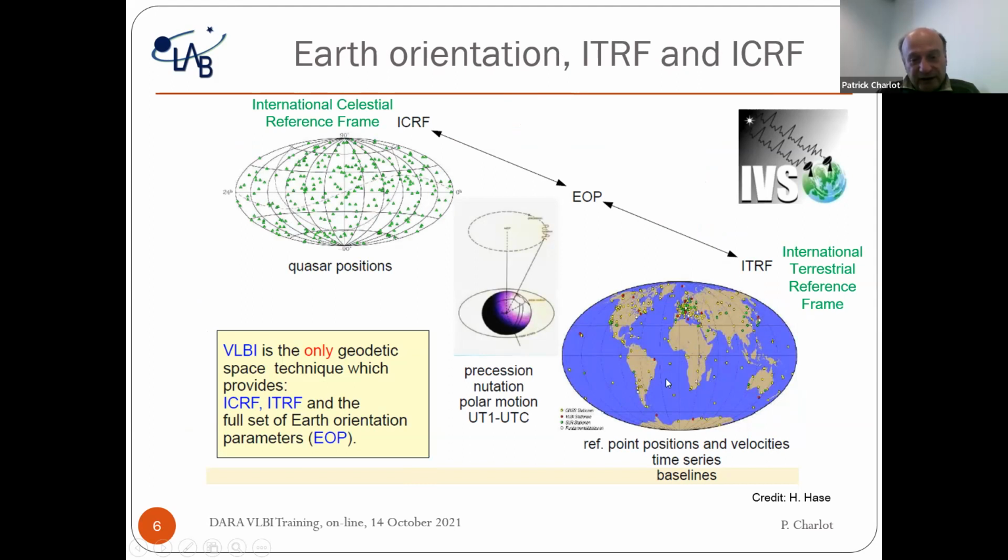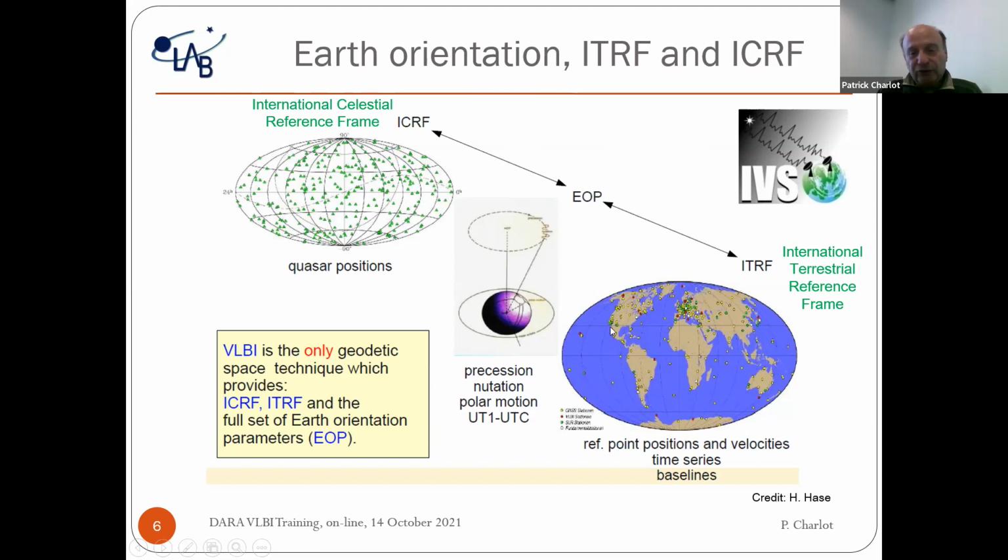Basically, it is a set of positions of radio telescopes on Earth, positions and velocities of your observing sites, and you have time series of these positions, which gives you the velocity of the sites. As I said, you have the Earth's rotation. Then you have the celestial frame, which consists of the positions of several thousands of distant extragalactic sources, I mean quasar positions.